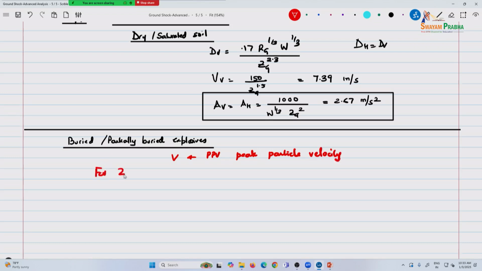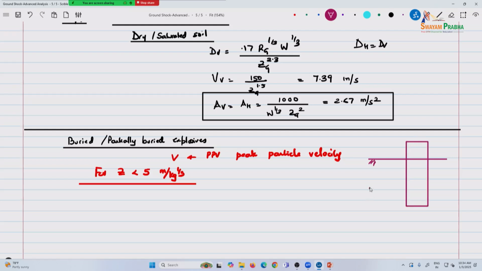For Z values less than 5 meters per kg to the power 1/3, you can calculate. So this is a buried structure and you have a buried or even a partially buried explosive. So the peak velocities are going to induce a PSO on the structure. So you can calculate, there are expressions.